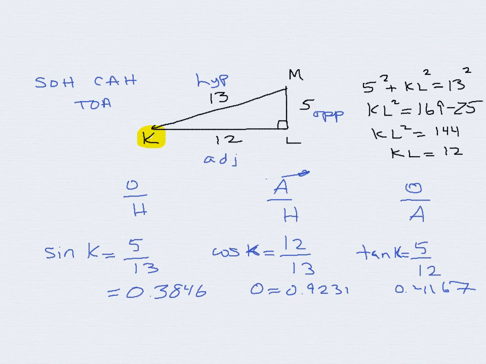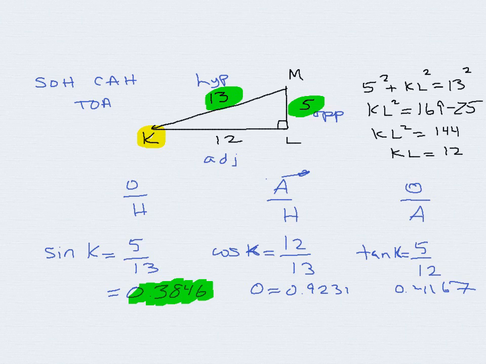So the theory says we can take any one of those ratios and find the value of angle K. So if we had the opposite and the hypotenuse only, that's all we had to work with, we would find the sine ratio, and we would take the second function, the inverse sine of 0.3846 on your calculator.